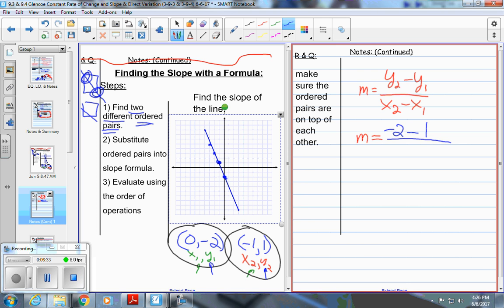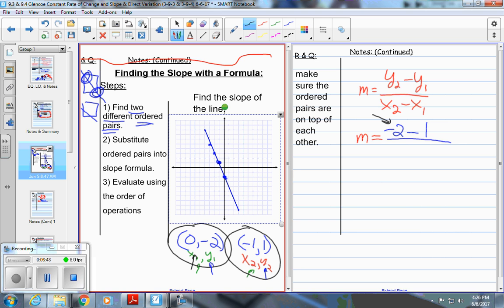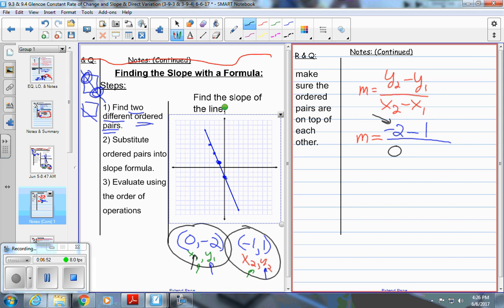And again, it doesn't matter that I switch the order. What's going to matter is that our ordered pairs are on top of each other, in a vertical column. So if I put -2 on top, the x value I have to put below it is the one that's in its ordered pair, and that's 0. Notice the ordered pair is in a vertical column on top of each other.